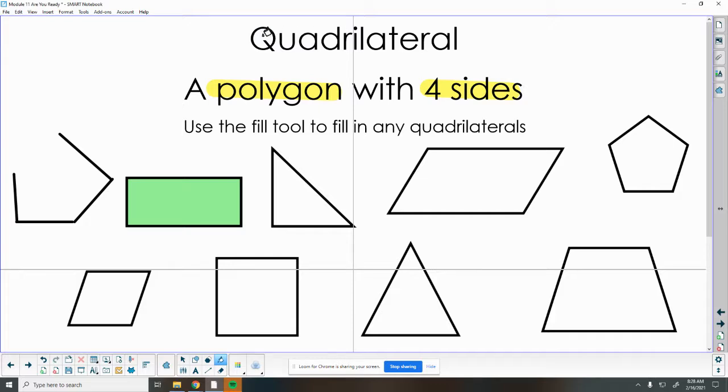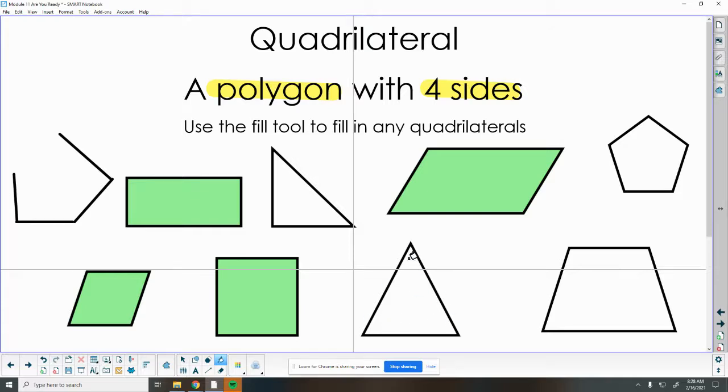This word quad means 4. So 1, 2, 3, 4, closed in and straight is a quadrilateral. This one has 5 sides, so it is closed in and straight, but it has 5 sides. 1, 2, 3, 4 sides, closed in. 1, 2, 3, 4 sides, closed in.